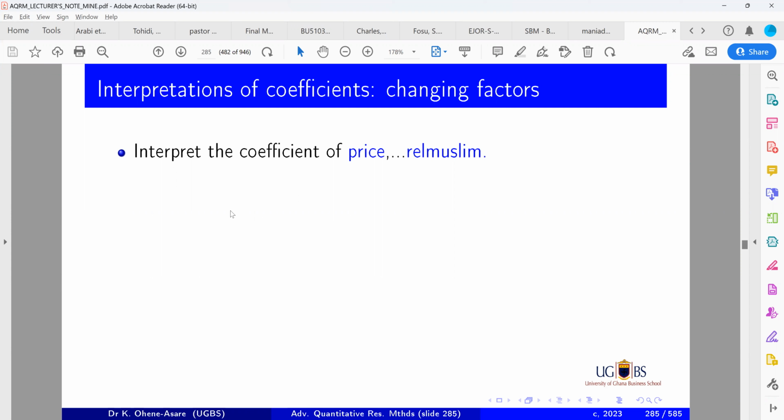And if they are dynamic, what it means is that if you change them by a unit, at least within a year, the dependent variable is going to change by a certain amount. So the dynamic or numerical variables can change. Let's take some of them. Okay. Let's go back to the story and see how we will interpret some of these independent variables.